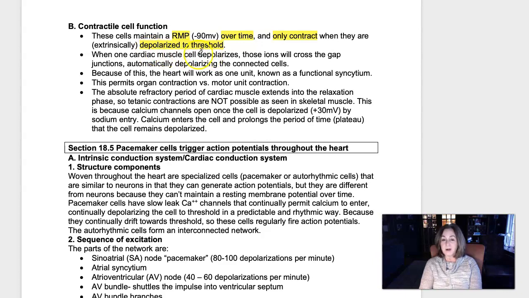Once one cardiac muscle cell depolarizes, instead of that being an individual event with a single cell like we talked about in skeletal muscle, what will happen is, let's say sodium comes into the cell, those ions will cross the gap junction. And that's going to automatically depolarize connecting cells. Keep in mind, one cardiac muscle cell is attaching to two cells because of that Y shape, or the bifurcation.